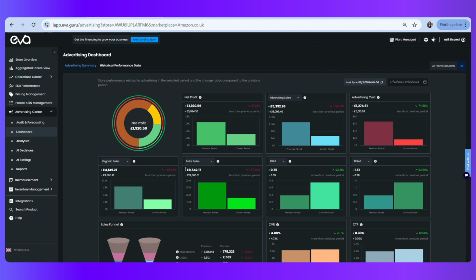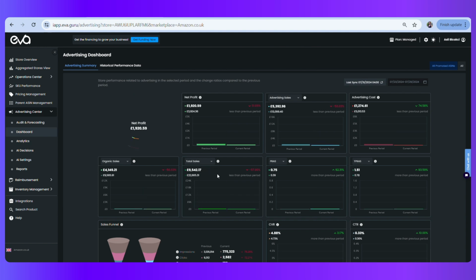But if you observe the actual value in total sales in the All Promoted ASINs filter and in the All filter, if they are the same, it means that this account has advertising for all of the inventory. But if there is a difference in total sales or organic sales and these metrics in the All Promoted ASINs filter, it means that they don't advertise all inventory.